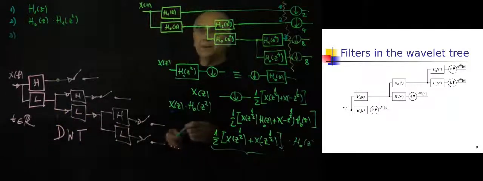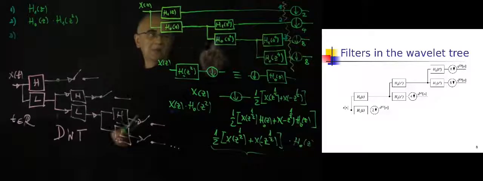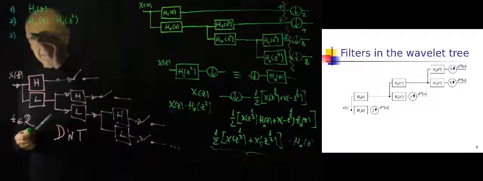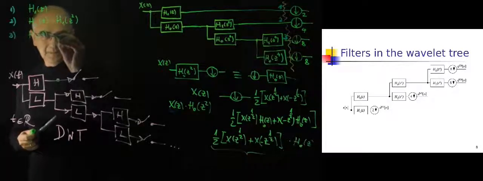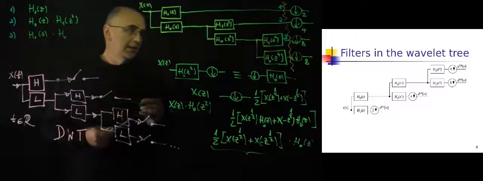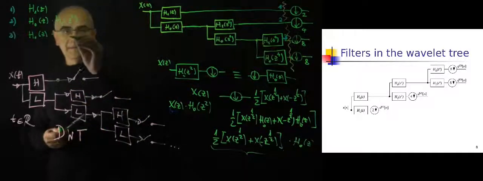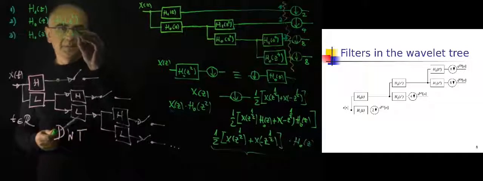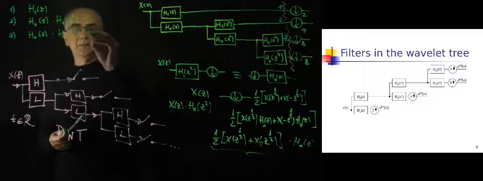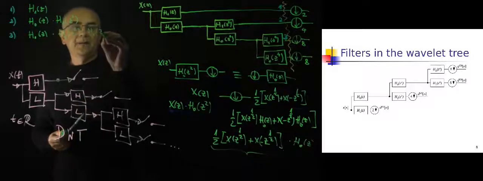In our third branch, we have a cascade of 3 low pass filters. The first one is unchanged. The second one is changed. And the third one is our high pass filter, changed as well.